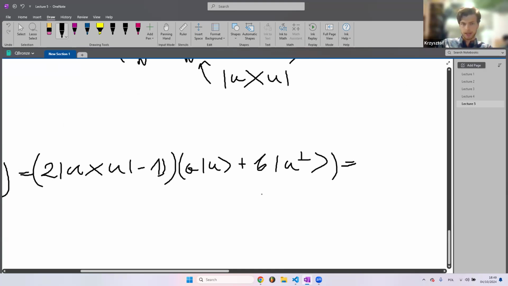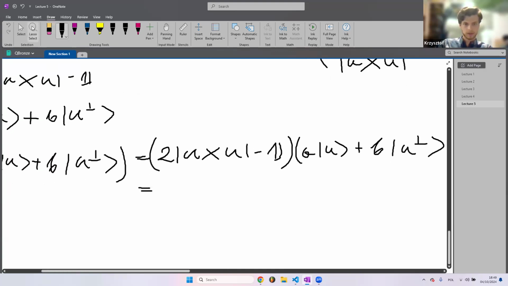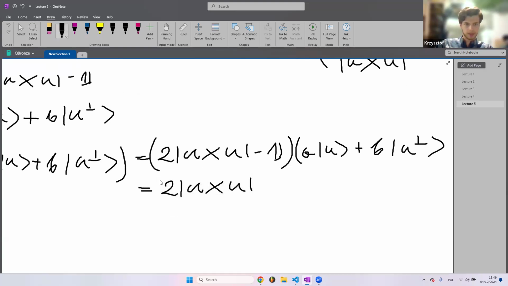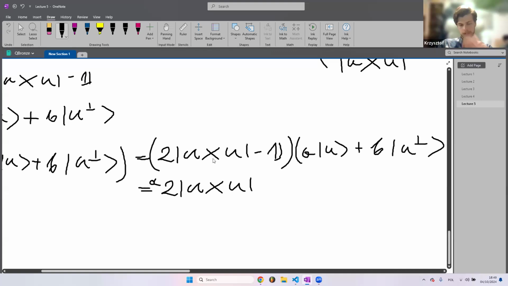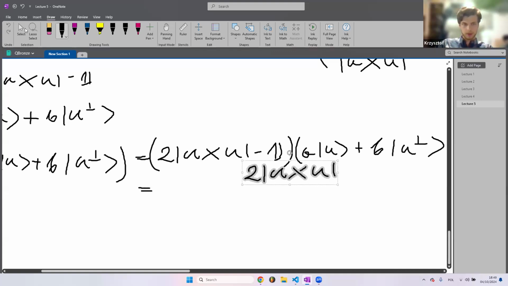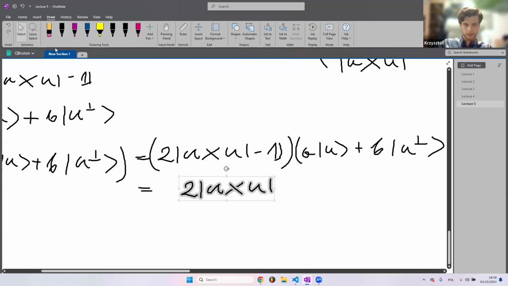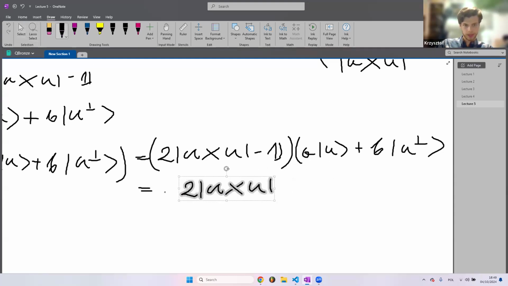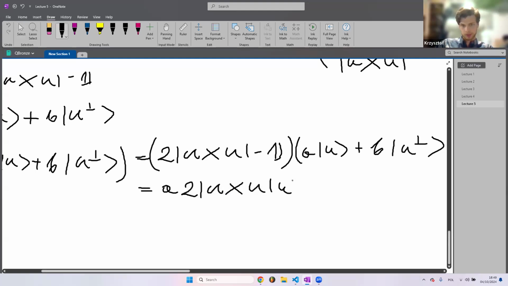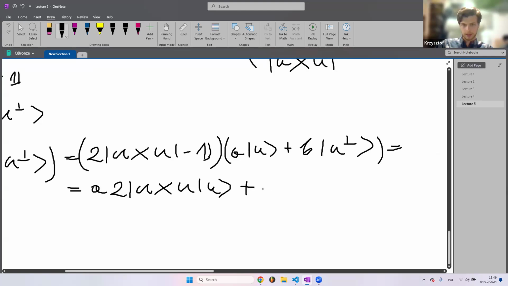Let's now expand our brackets, and then here comes also the amplitude a in front of the first bracket and the vector U, plus b times 2 U and U perpendicular.